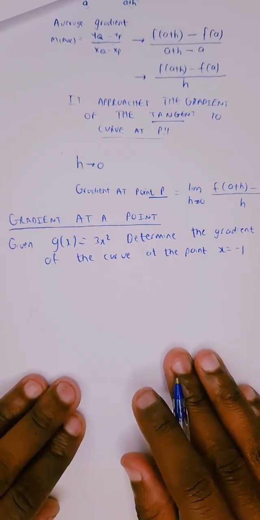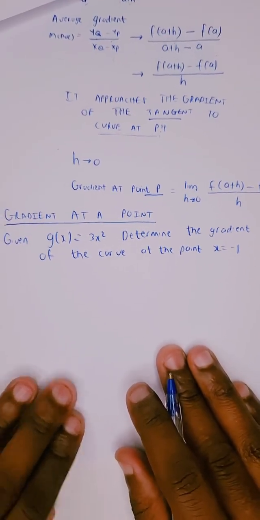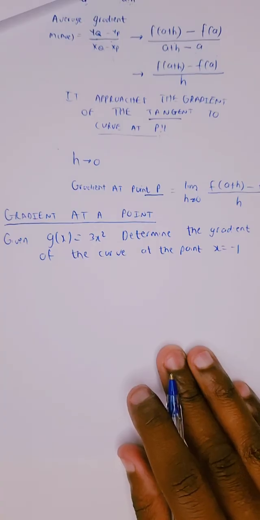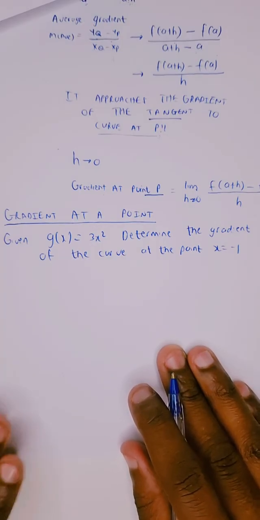Then frankly, we can go ahead and determine the gradient of the curve at point x is equal to -1.